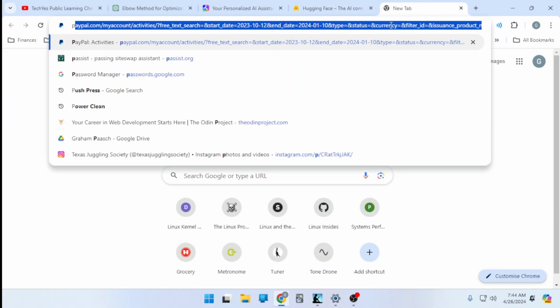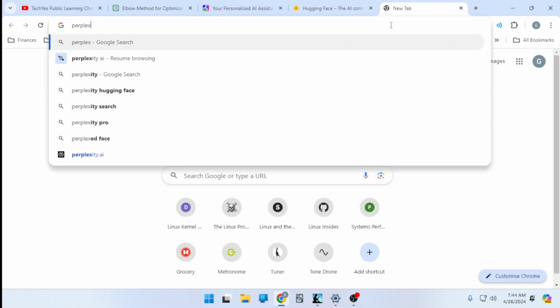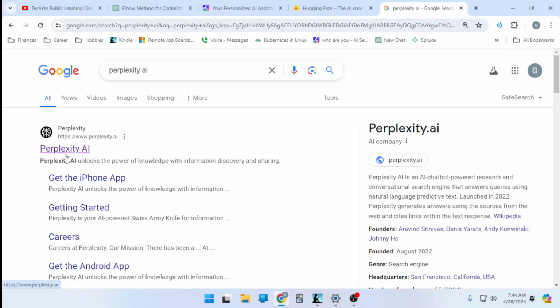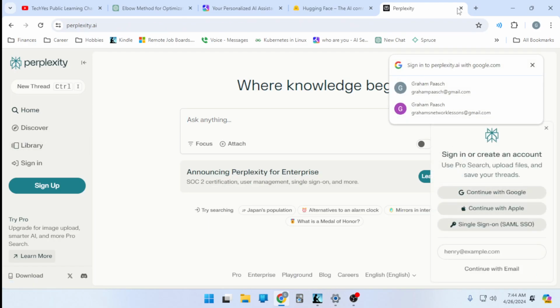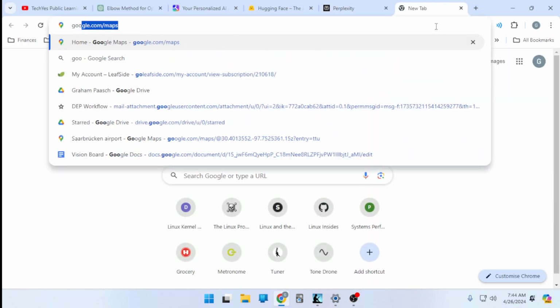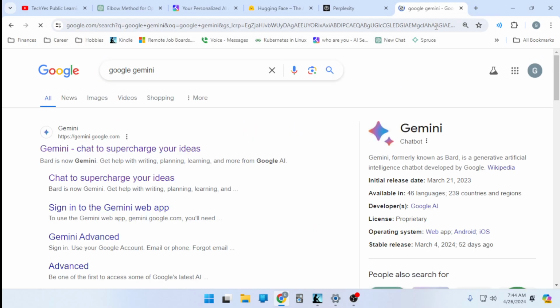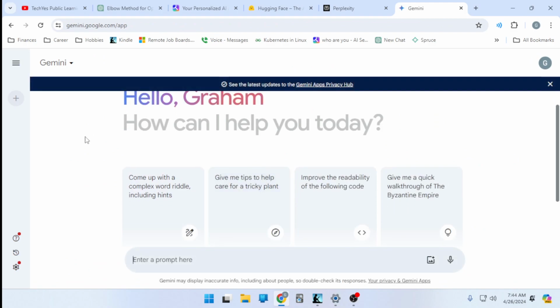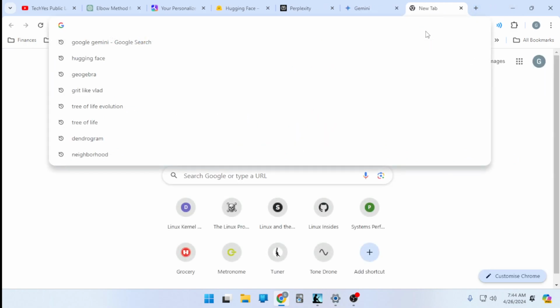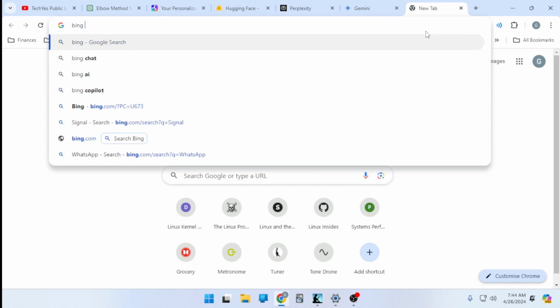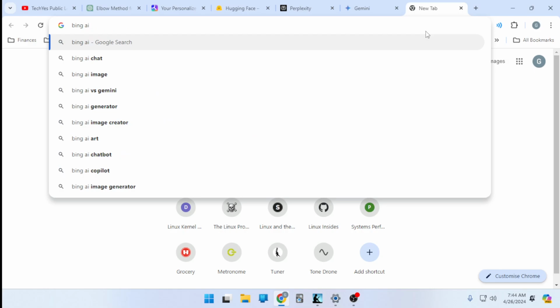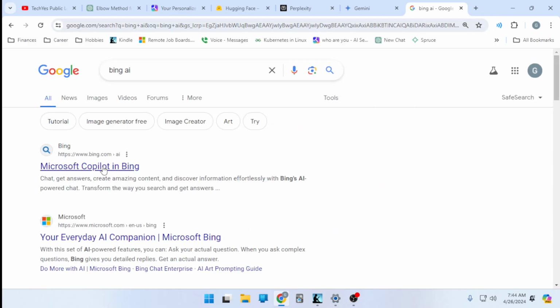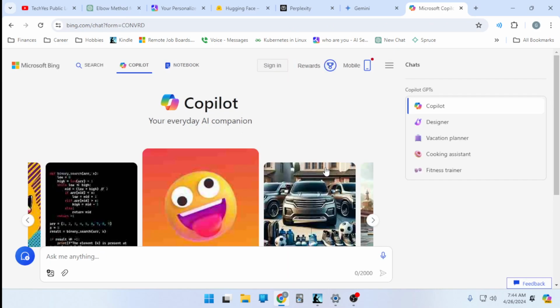The other kind of big one is Perplexity, as far as I understand. This is kind of a big free one. There's Gemini, and this is another one where you can pay for some advanced access, as far as I understand. And then there's the one from Bing, which I forget what it's called. I think it's Microsoft Copilot in Bing.